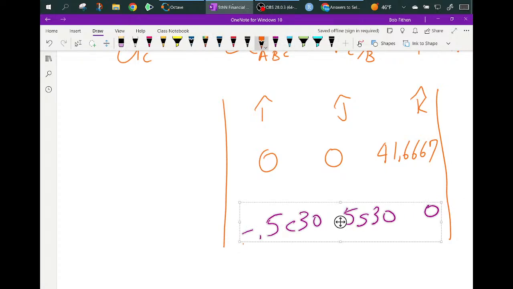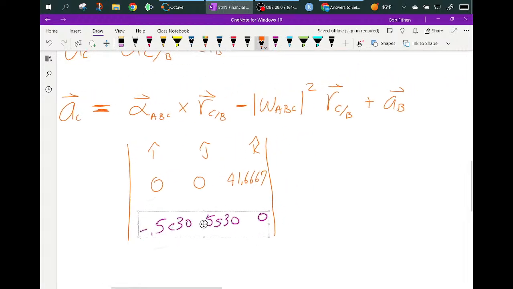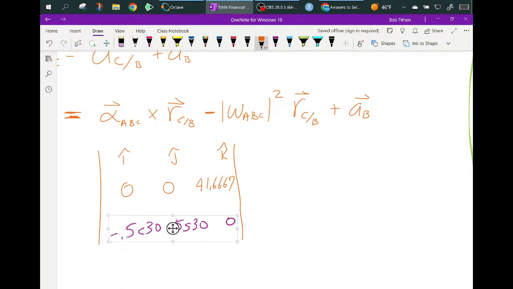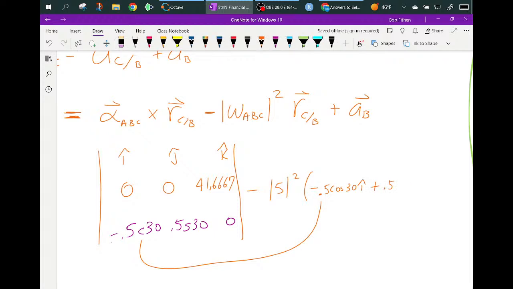Minus, this time I'll go ahead and put the 5 squared times minus 0.5 cosine 30 i. I'm simply copying these terms across. Plus 0.5 sine 30 j.